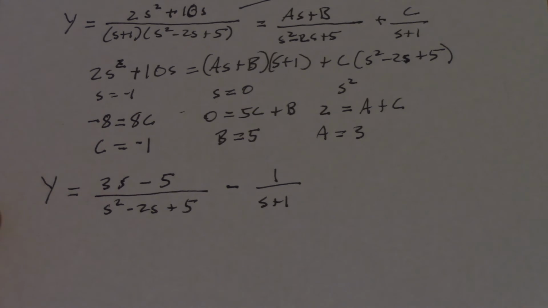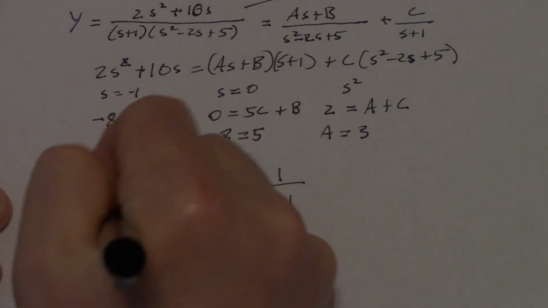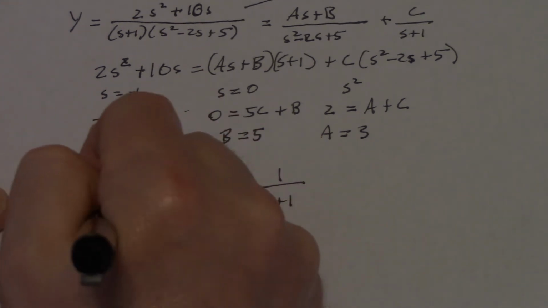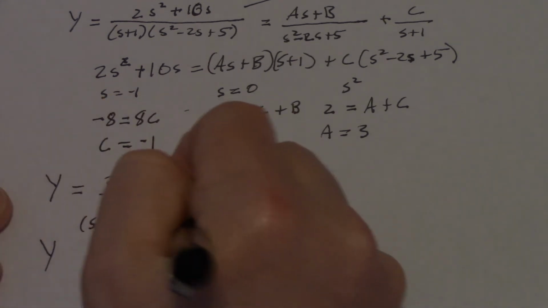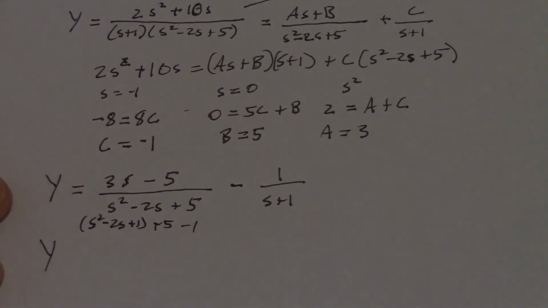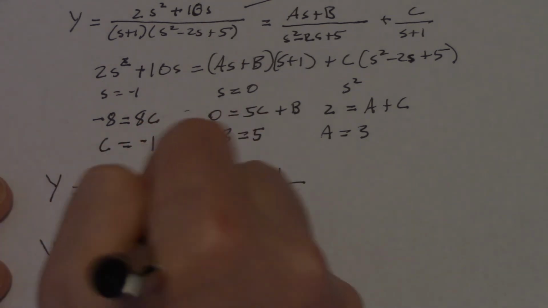Okay, before we do the transform, we're going to have to complete the square on that. That's an unfactorable quadratic. So notice the completing the square, we would say this is s squared minus 2s plus 1 plus 5 minus 1, and that's how we would complete the square. And then we're going to have another step after that.